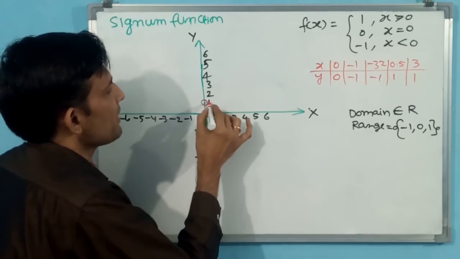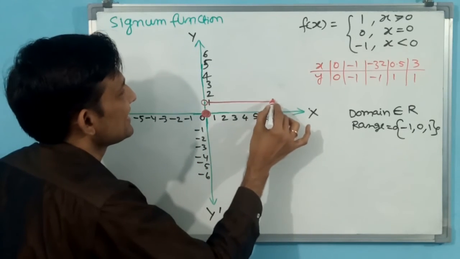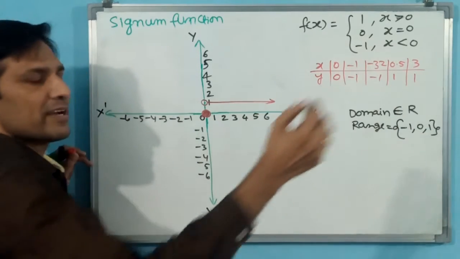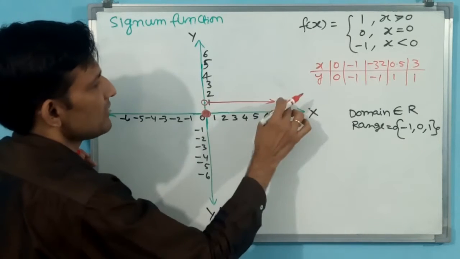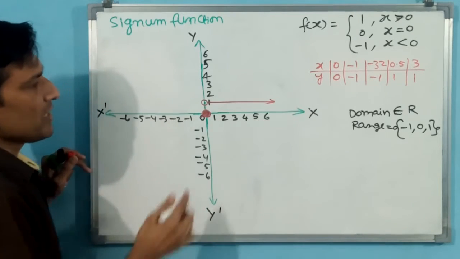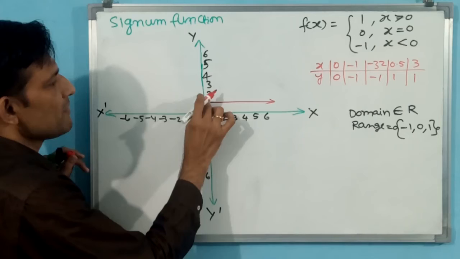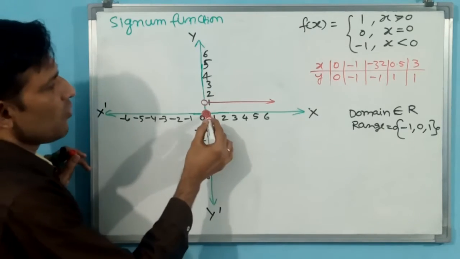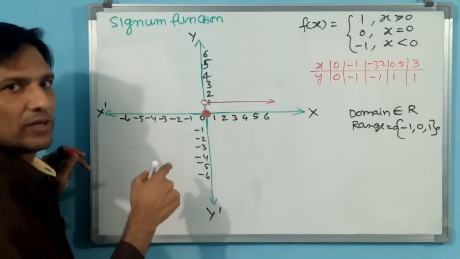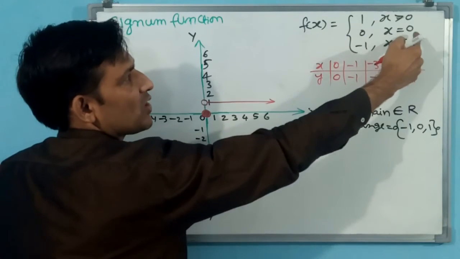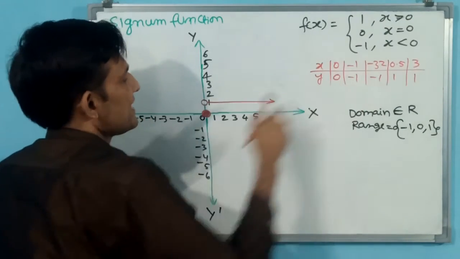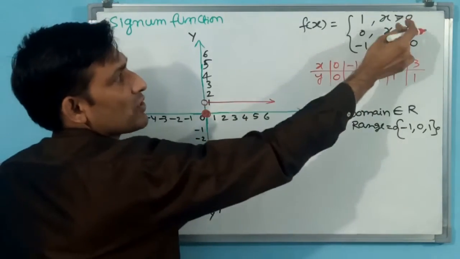But here you keep an open interval like this. That means it can go anywhere. Even if you give 6 also, it will come like this only. But this bubble you keep open. Here it is closed. Why? Because of x equal to. If x is greater than, the equal to is not there.